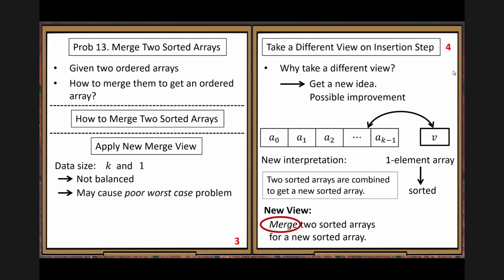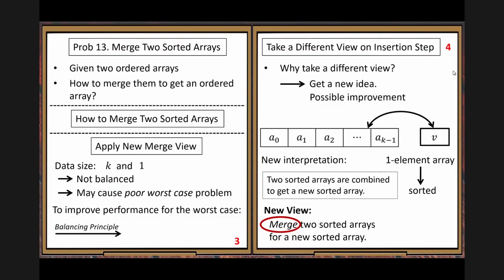Poor worst case is the consequence of a data split like this. We always work on the worst case, but sometimes the worst case is very bad. So we want to make our worst case the best we can, to improve performance for the worst case.